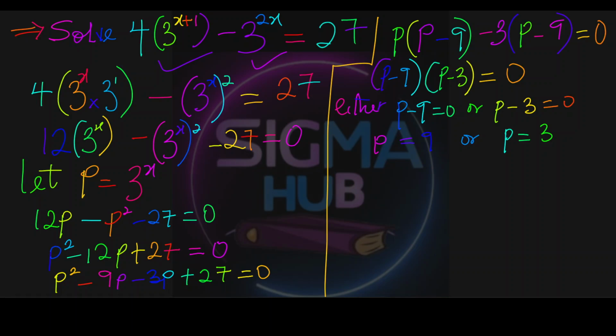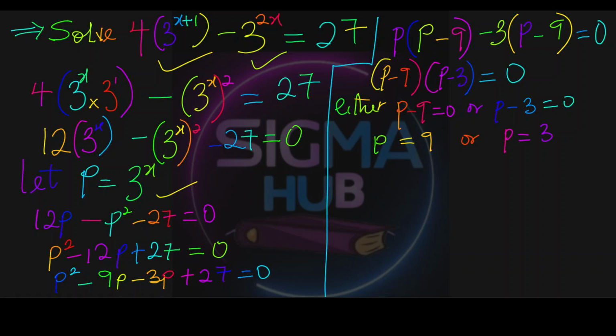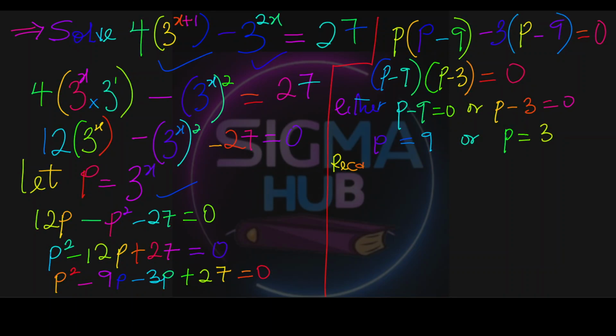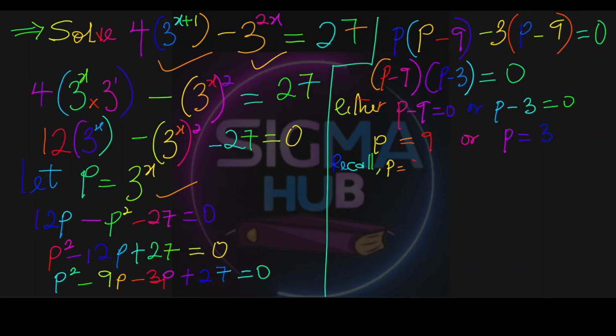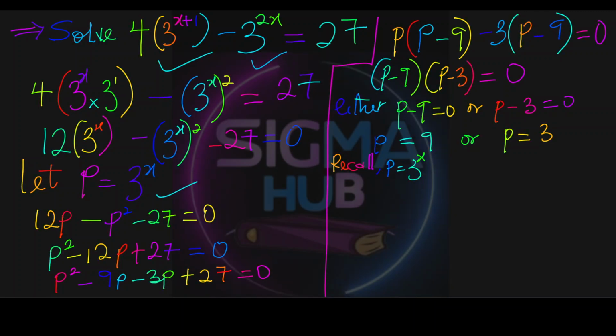Now when p is equal to 9, we have to recall that our p is 3 raised to the power of x. So recall that p is equal to 3 raised to the power of x. So you have to put back the value.